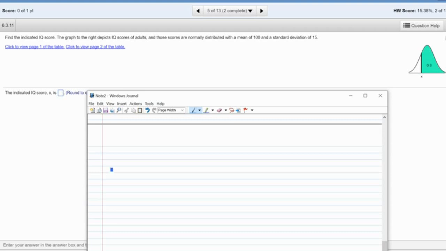So first we have a normal distribution, that is your X. X stands for IQ scores. The mean equals 100, the standard deviation equals 15, so 100 is here.